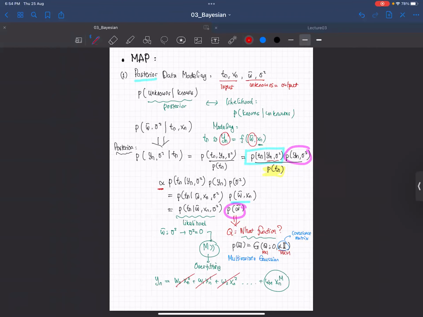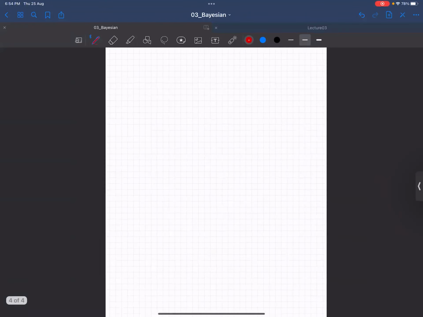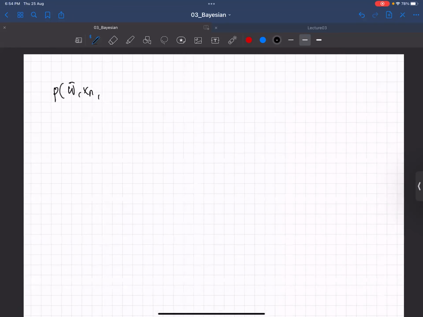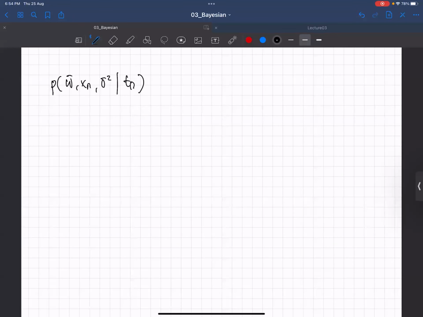So in the end, we have the posterior P of W given xn, sigma square, Tn, or you can simplify this into P of Yn, sigma square given Tn, which equals P of Tn given Yn, sigma square, times P of W bar.